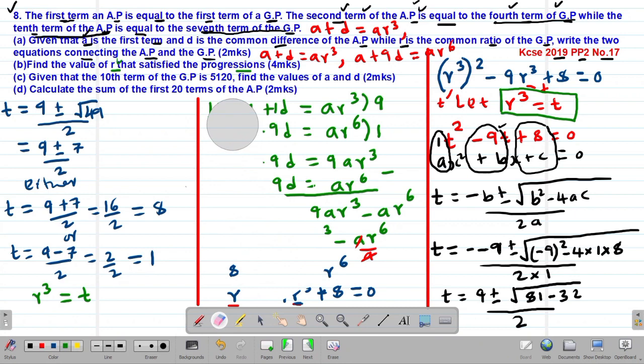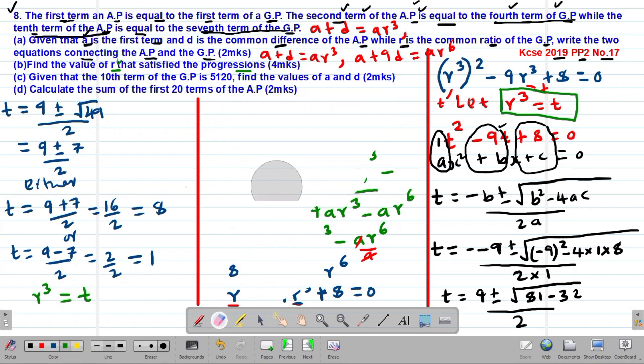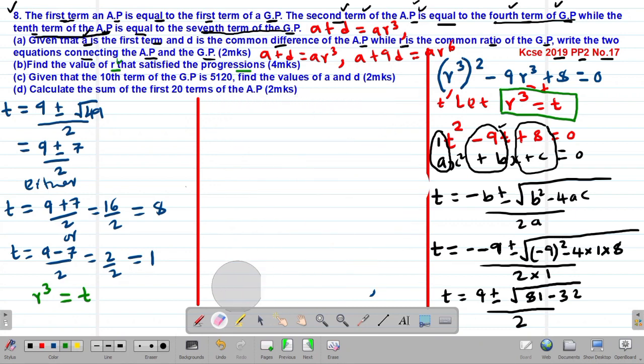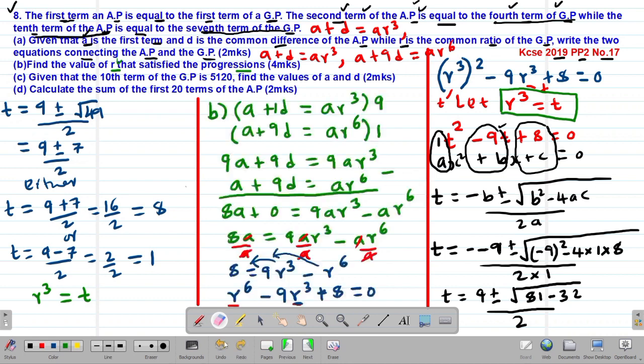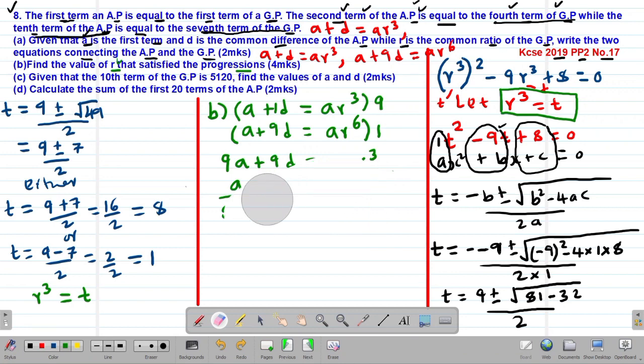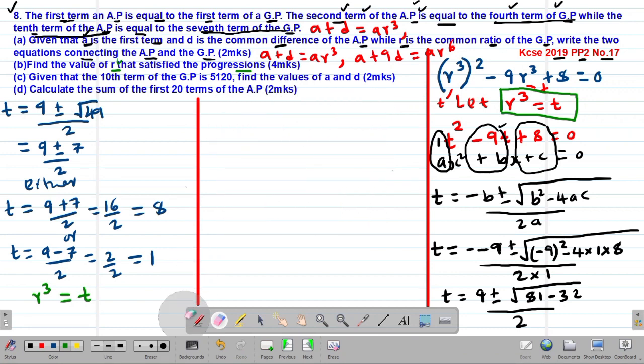Let me clean this particular area here. So it means that my value of r is going to give me the following. So if r to the power of 3 is equals to t, it simply implies that either r to the power of 3 is equals to t, but our first value of t, we got it as positive 8.